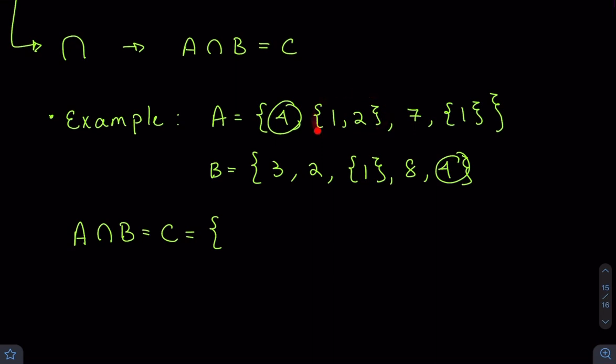This set isn't anywhere to be found in set B. This object is found in A though. And that looks to be it. So they share two objects in common, and those are the objects that are going to be in the intersection. So it's going to be the number 4 and the set containing the number 1.